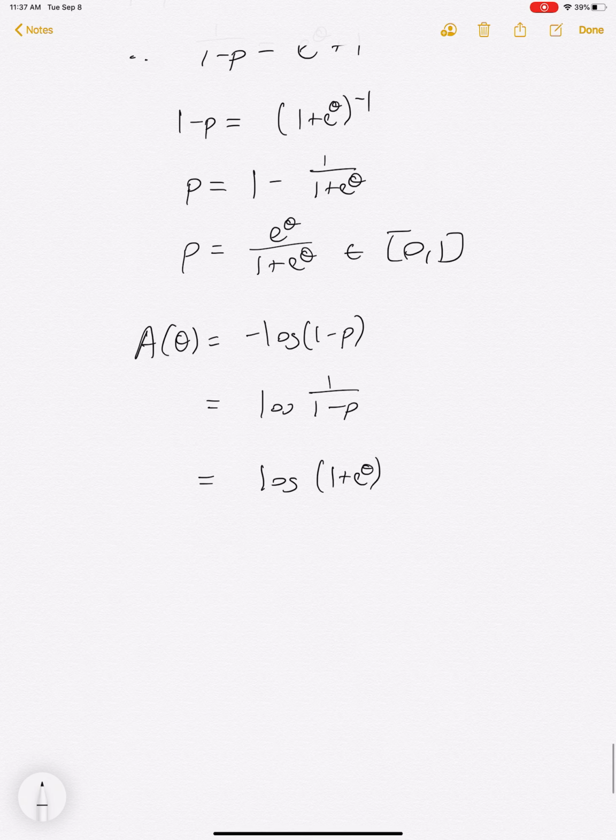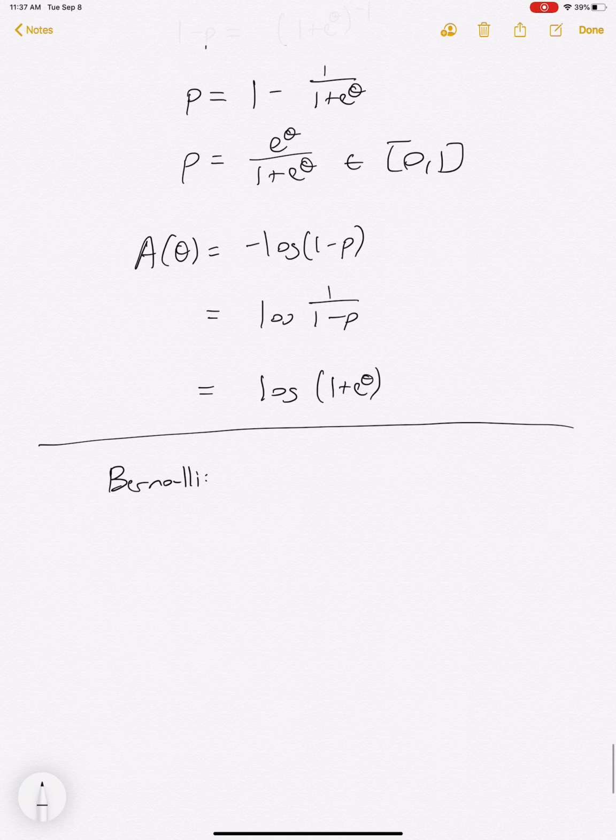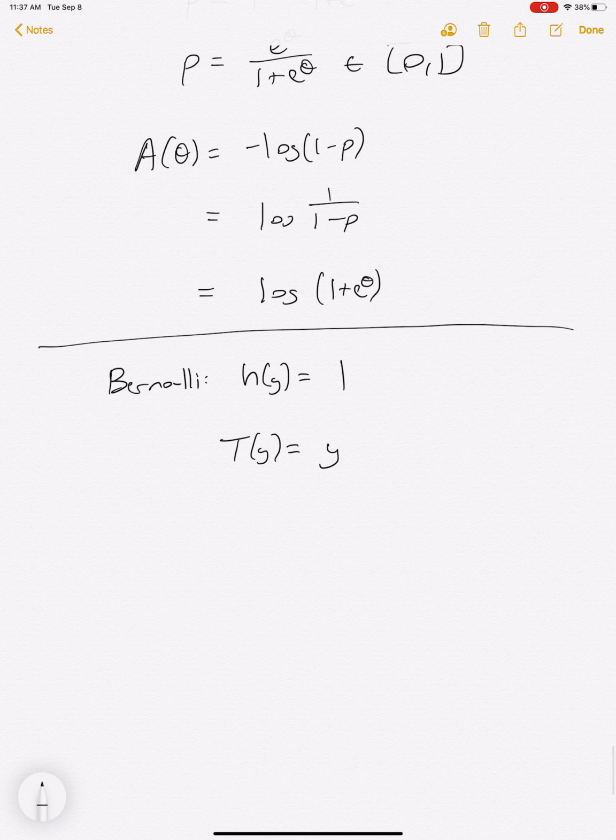Okay, so for Bernoulli, we have that h of y is equal to 1. Once again, the sufficient statistic is just equal to y, and a of theta is equal to log of 1 plus e to the theta.